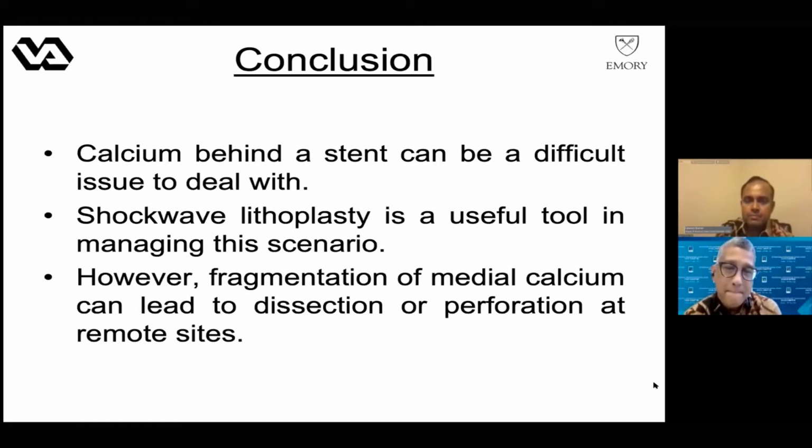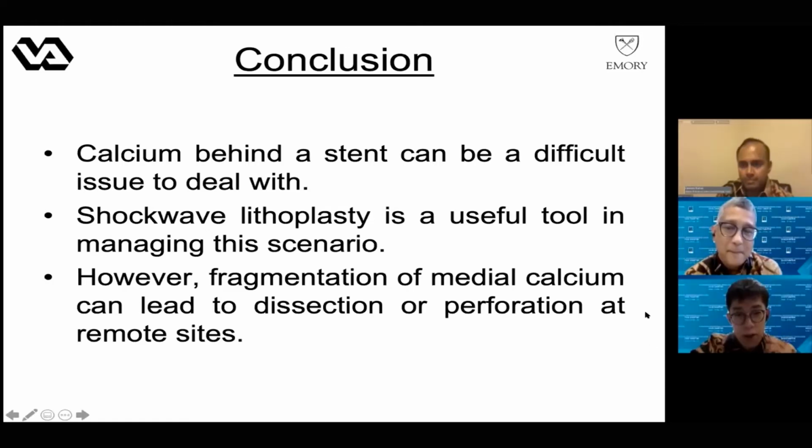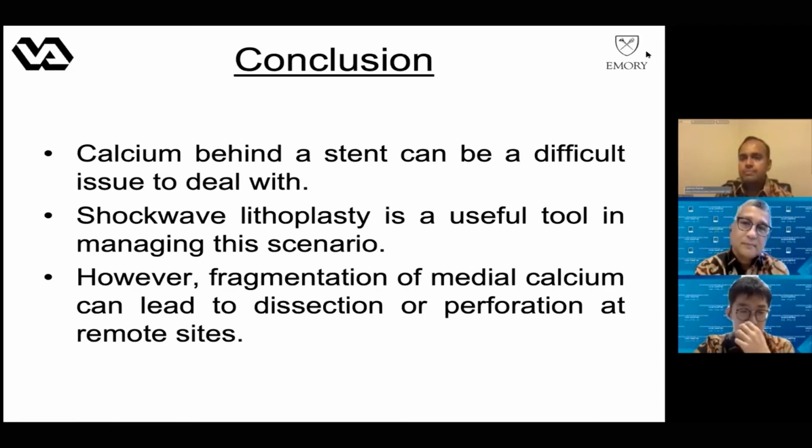Yeah, thank you for the excellent presentation. In Japan, the shockwave is still not available. So when we have to treat such a region, we have to do it another way. For treating such a region, a very high pressure balloon over 30 to 40 atmospheres, or stent ablation, and we have the excimer laser.